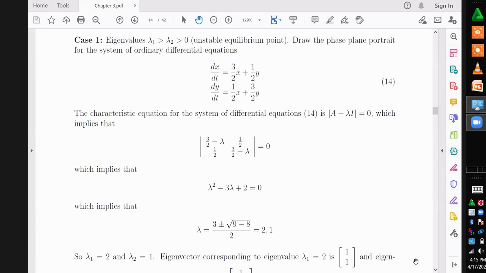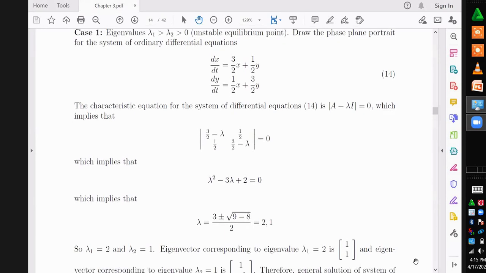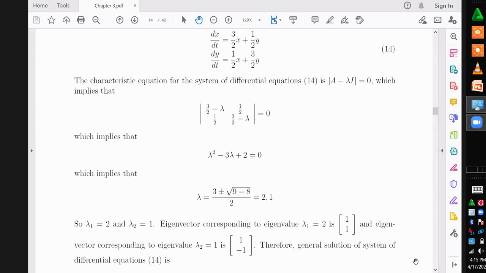Now find eigenvectors corresponding to these eigenvalues. So (1, 1) is an eigenvector for eigenvalue lambda 1 is equal to 2. Also (1, minus 1) is an eigenvector for eigenvalue lambda 2 is equal to 1.